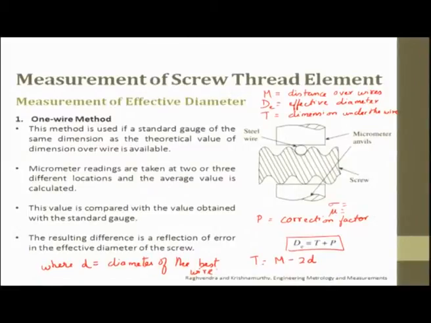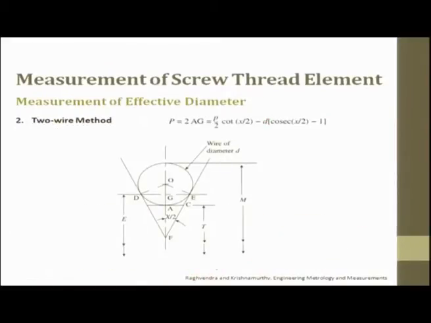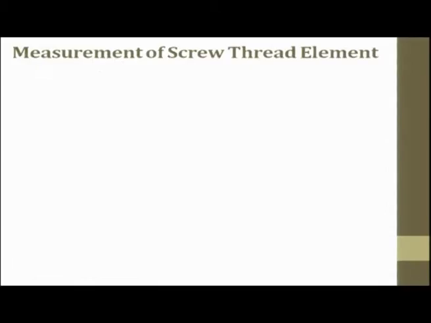Fine. So, when we use the two wire method, this will be more easily understood. What we are trying to say is, in the 2 wire method, basically this was the single wire.